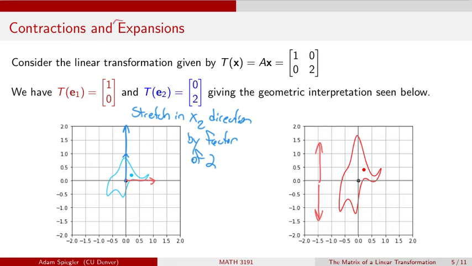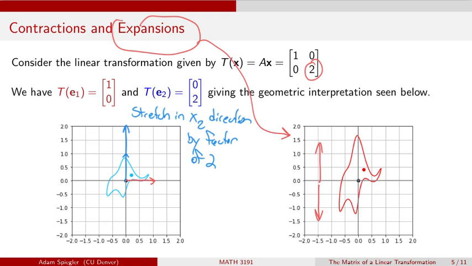And this we would call, in this case, an expansion, because we're stretching it out. If this value 2 were less than 1, then that would give us a contraction. And this is, again, different than a dilation because the factor that we're stretching in one direction is different than the factor in the other. We're only stretching in one direction, in this case, the x2 direction.